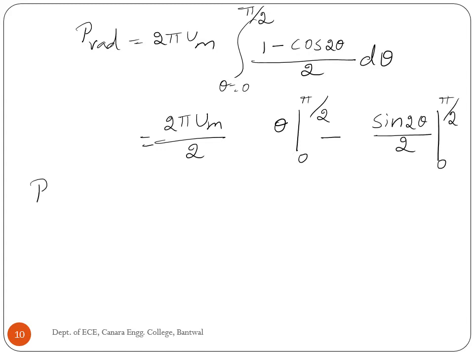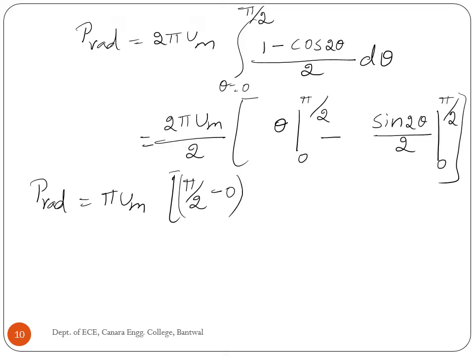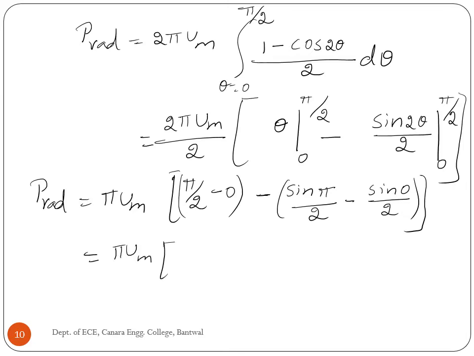So radiated power is equal to pi Um times (pi by 2 minus 0, minus (sin pi minus sin 0) by 2), which is equal to pi Um times pi by 2.